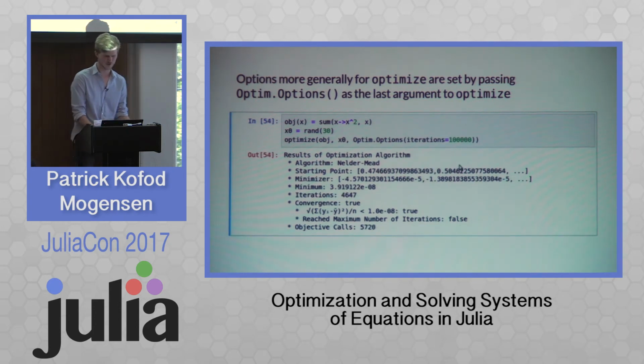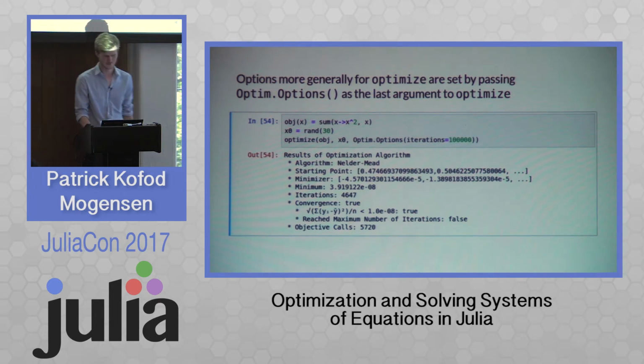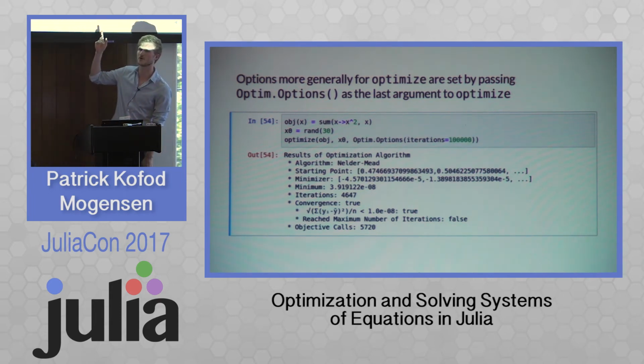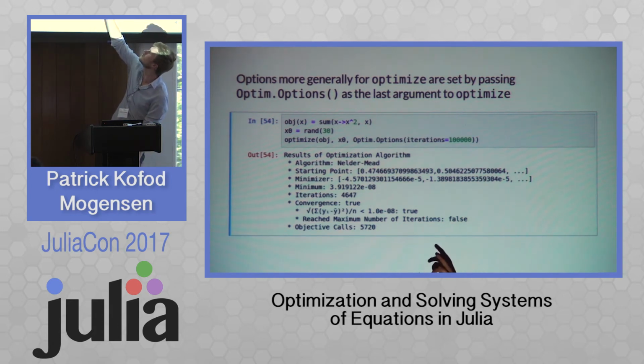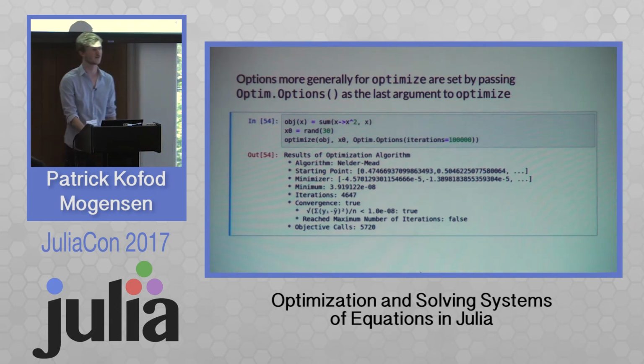It doesn't matter, because it converges after 4,600 iterations. This is the one that we saw didn't converge earlier using the default, but increasing the number of iterations a lot, we see that it actually did converge after 4,600 iterations. But that's still a lot for the very simple quadratic function.